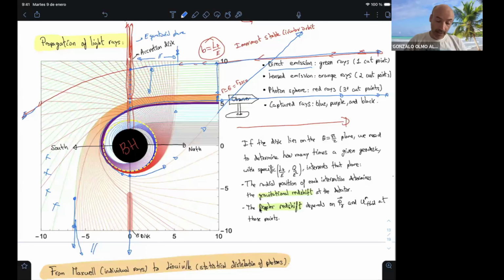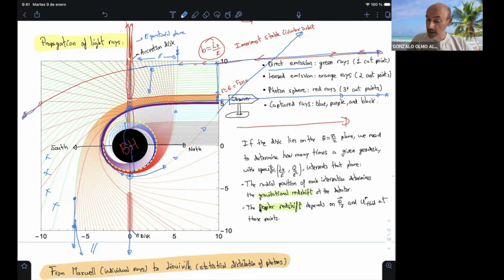And obviously the distance from this emission point to the center is in general different from that distance, okay? That means in particular that the gravitational redshift experienced by this second photon is different from the gravitational redshift experienced by this other photon.